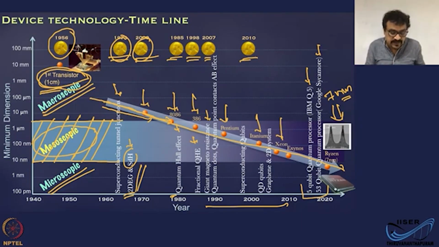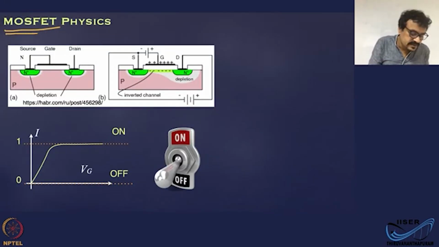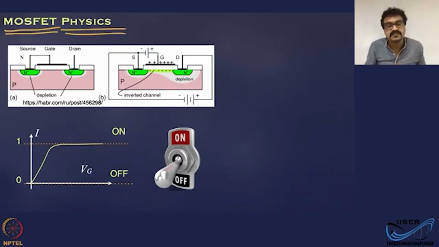Now, when we talk about electrical devices and transport, this term MOSFET, metal oxide semiconductor field effect transistor, is something we always have to refer to and understand, without which we cannot discuss this course or go further.